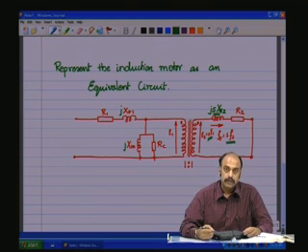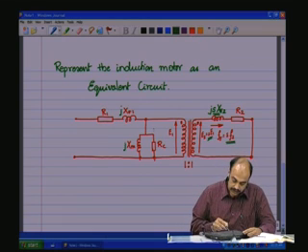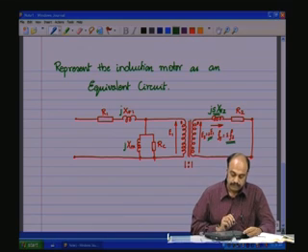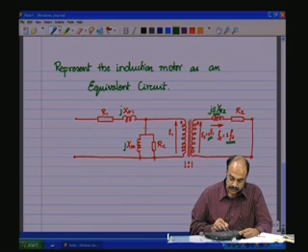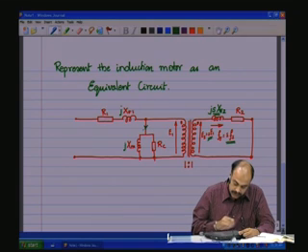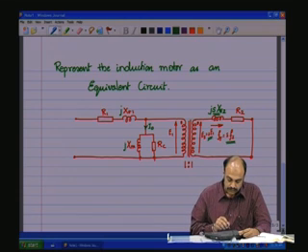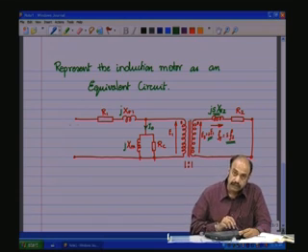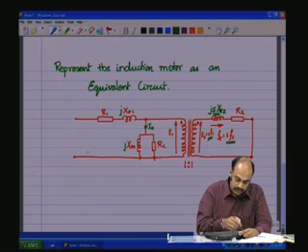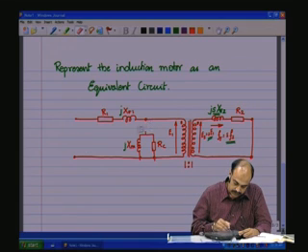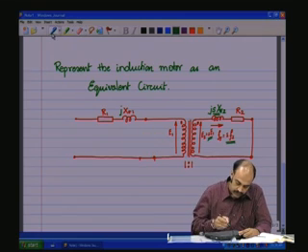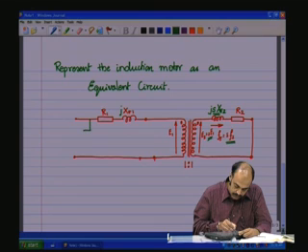But we could make a slight approximation, that is, for high power motors, the current which is going to flow through the magnetizing portion, I naught that we used to call, is going to be a smaller fraction of the total load current, and therefore this portion can be shifted to this side.